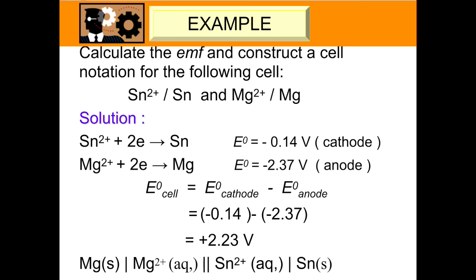And then at the cathode, reduction takes place. So we write Sn2+ first, followed by Sn solid. So that's how you write cell notations as we have learned before.